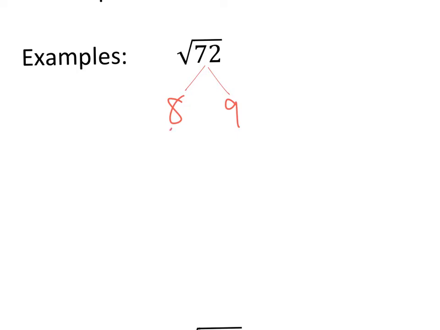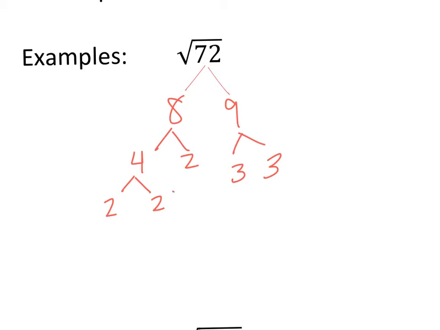And then you do these. What multiplies to be 8 is 4 and 2, and then 4 is 2 and 2. 9 separates into 3 times 3. Now, the reason why this is called prime factorization is that you end up with all prime numbers at the bottom of these. So here's what you do.